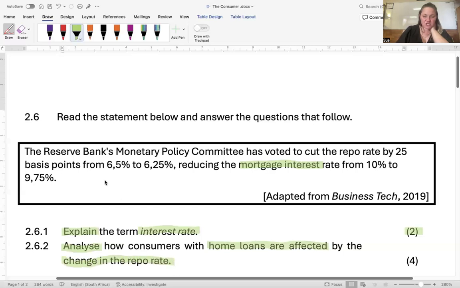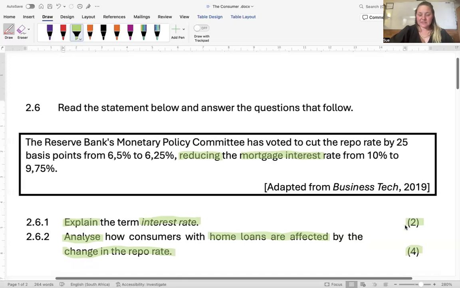Now, they mentioned that the repo rate went down by 25 basis points. So there was a reduction, and they also mentioned there was a reduction in the mortgage interest rate from 10% to 9.75%. So that question counts 4 marks.